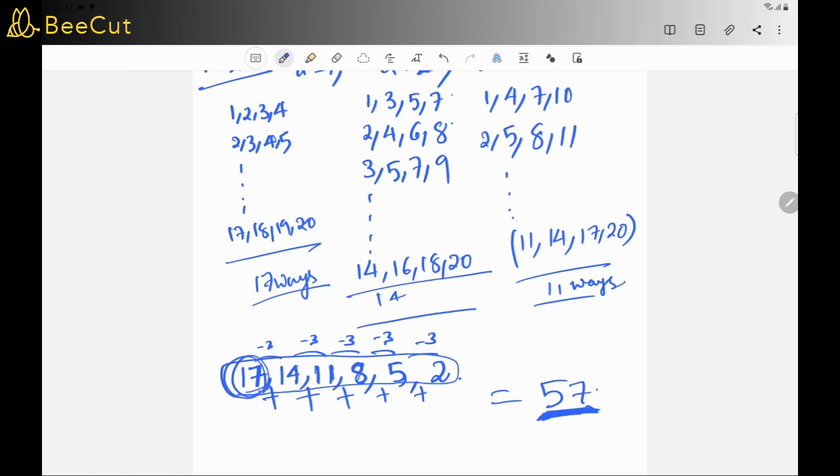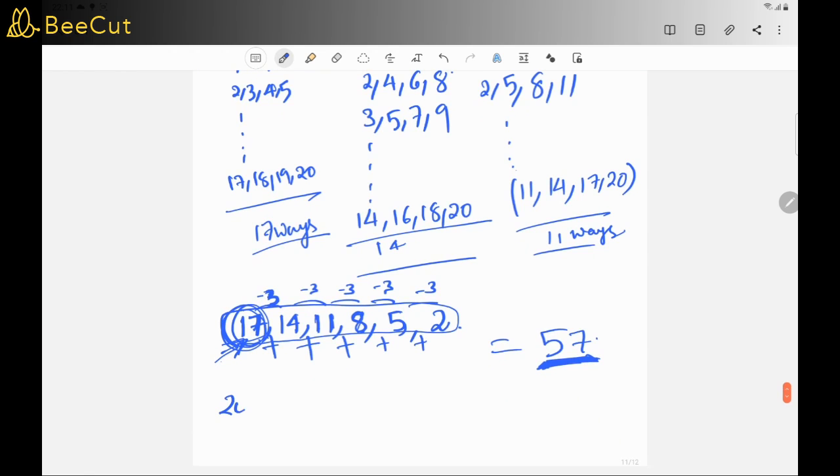So if we know how this 17 has come, then we can simply, because we are selecting 4 numbers, there will be 3 gaps in those 4 numbers. So we are subtracting 3 from the previous term. So we need to know this first term. How is it arrived?